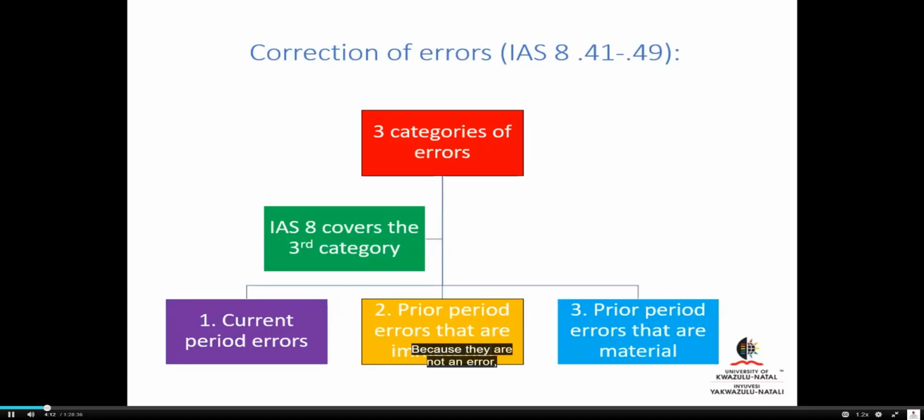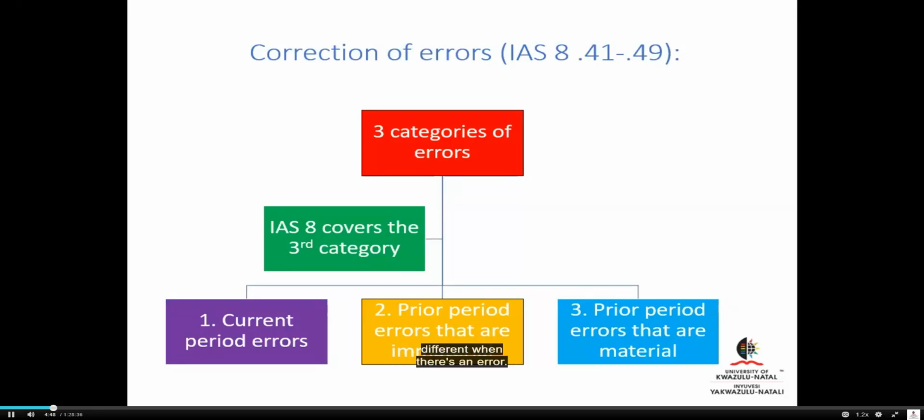Because they are not an error, but just a change in how we view utility, how we're going to consume, for instance, an asset. We said an asset is consumed through depreciation. That's how we account for the systematic consumption of the asset. But if there's a change in that, or a change in the residual value, we only make those adjustments from the current period to the future periods. The case of error is different.